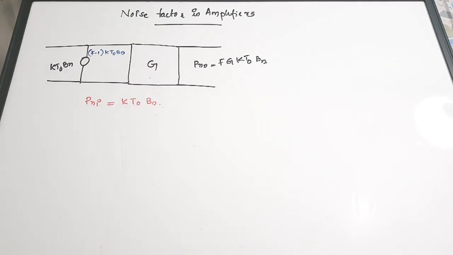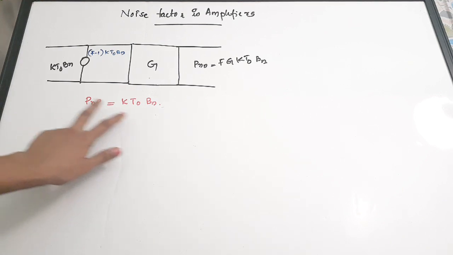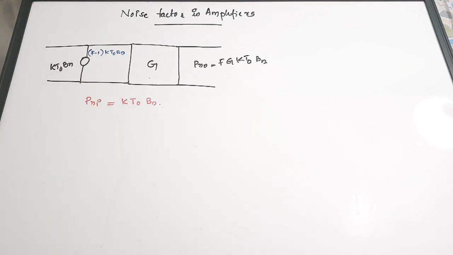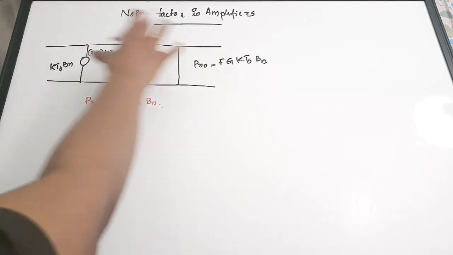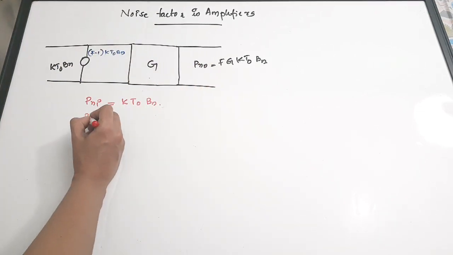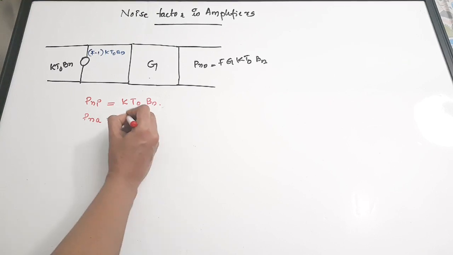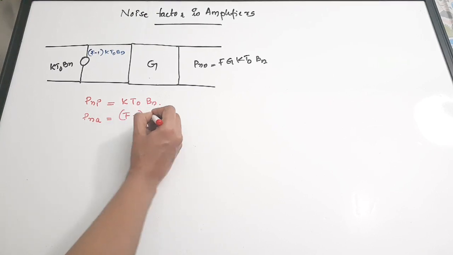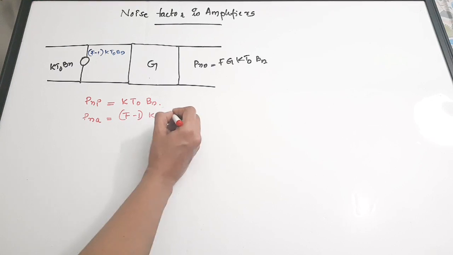Okay, so this is the noise generated from the source, and also there is noise contributed by the amplifier stage, and that we are going to take as PNA equal to F minus 1 KT0BN.